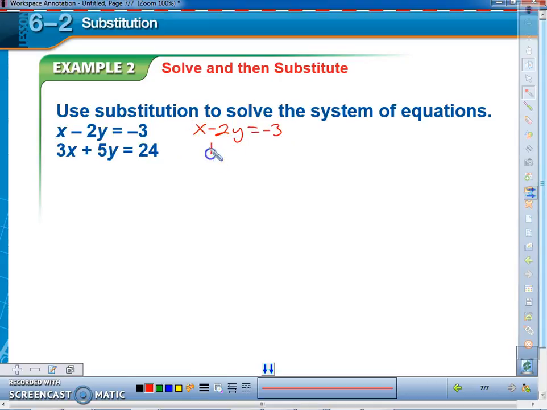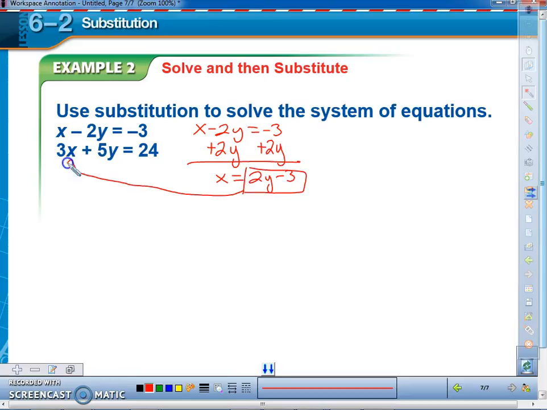The way that I'm going to do that is I'm going to add 2y to both sides. And then I'm going to go x equals 2y minus 3. So now I've got it solved for this x value. I can take this 2y minus 3 and go to the other equation and put it in for x.